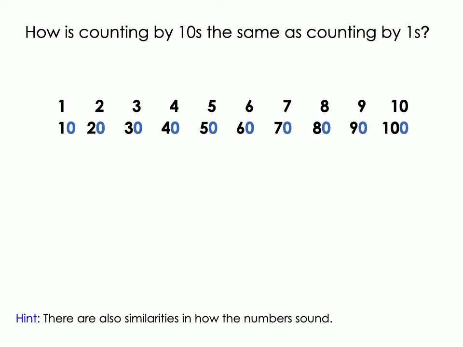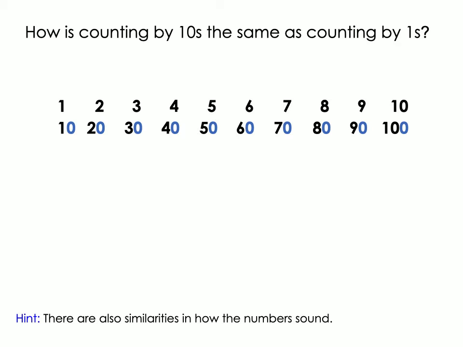So I have a question. How is counting by 10s the same as counting by 1s? What patterns do you see when you're counting by 10s and when you're counting by 1s? Okay, fantastic. Joseph said the first digit is the same when you're counting by 10s and when you're counting by 1s. 1, 2, 3, 4, 5, 6, 7, 8, 9, 10.